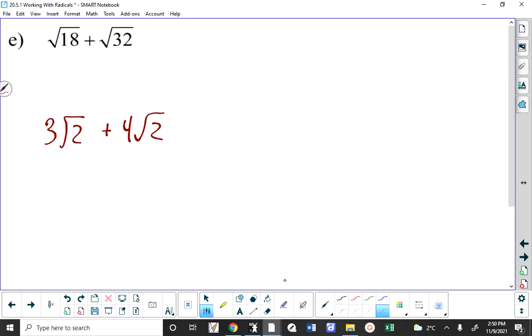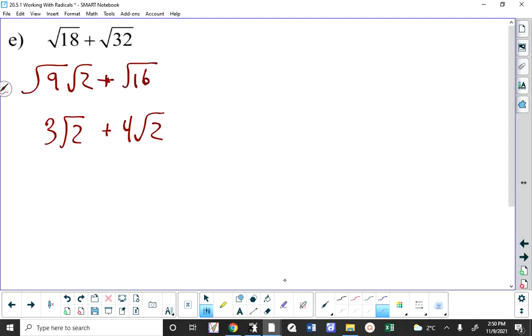For those of you that basically look at root 18 and say it's 3 root 2, I would just caution you to be careful not to make a mistake, not to go too fast. What's happening here is you're breaking 18 into 9 and 2, and the root 9 becomes 3. You're breaking root 32.